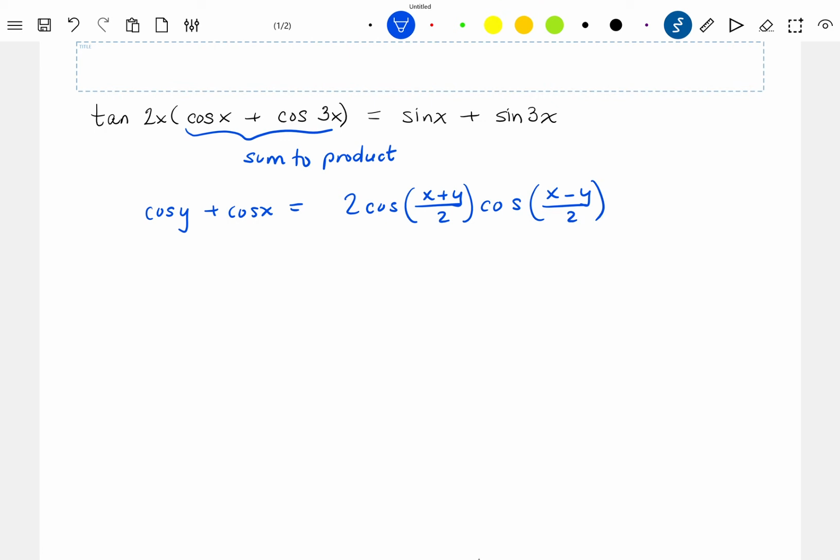So let's take a look at that first. So we have cosine of x plus cosine of 3x is equal to 2 cosine, well, x plus y over 2 is just technically 3x is replacing x, and x is replacing y.